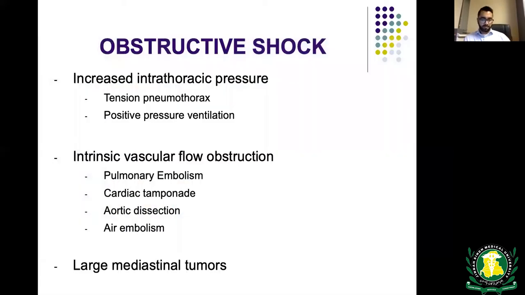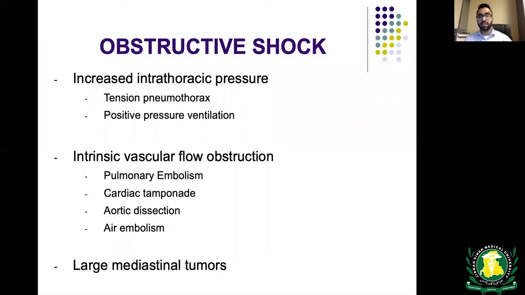Obstructive shock. Think about obstructive shock as obstruction of blood flow through the heart and through the cardiopulmonary system. That can happen if there is a very high intrathoracic pressure.